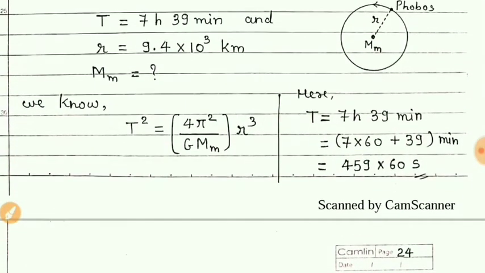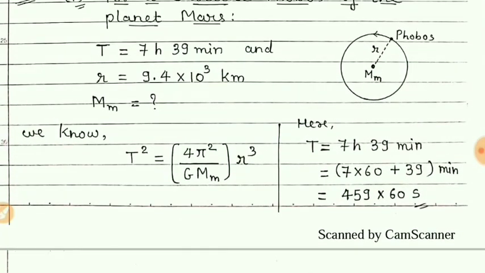Now students, here periodic time of revolution is given in hours and minutes. So let us convert this first in seconds, because we know that when we put the values, that should be in SI system.